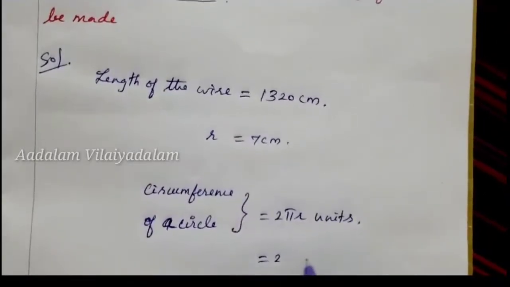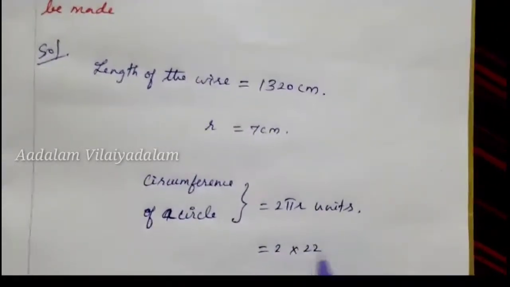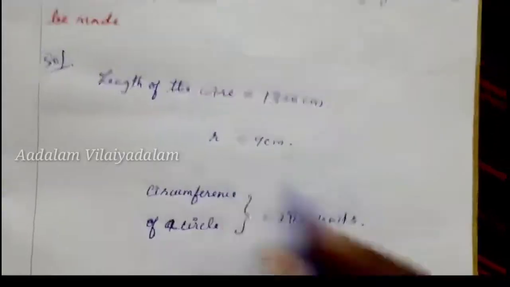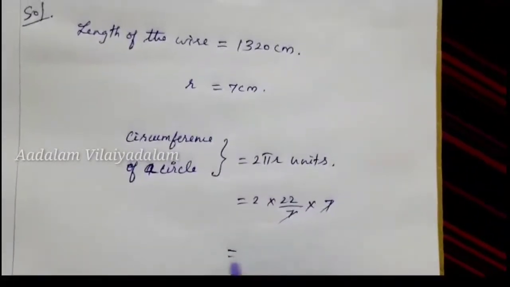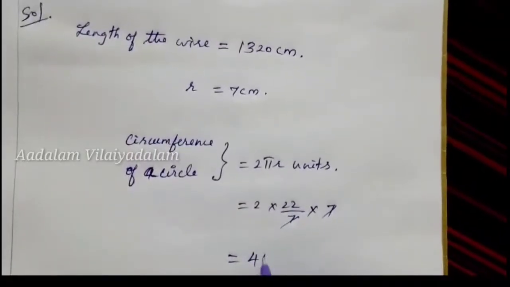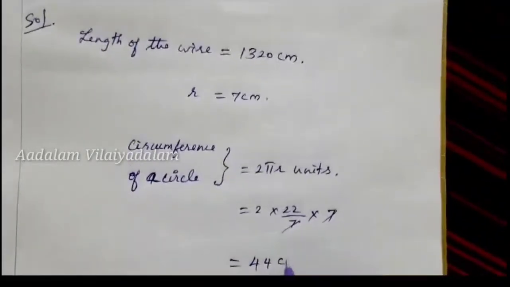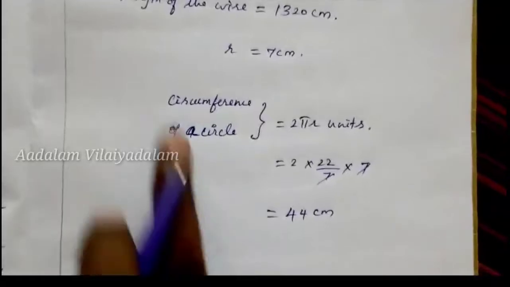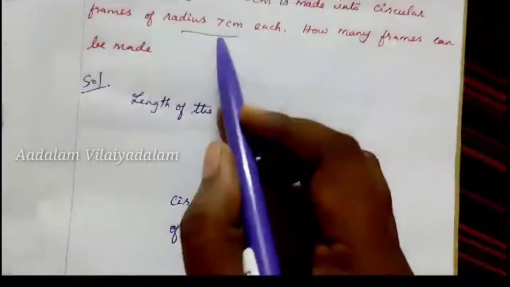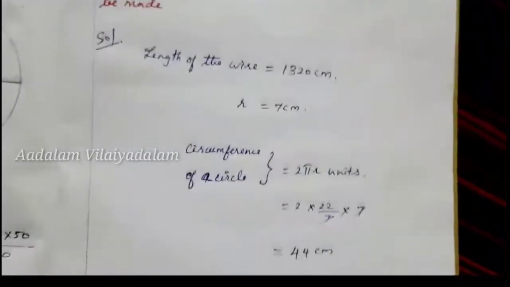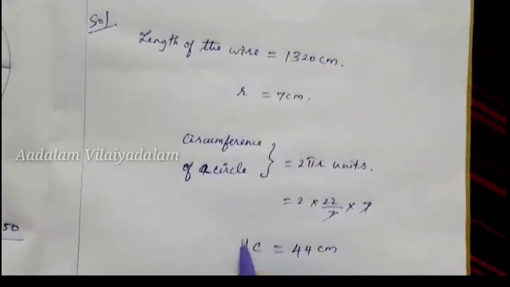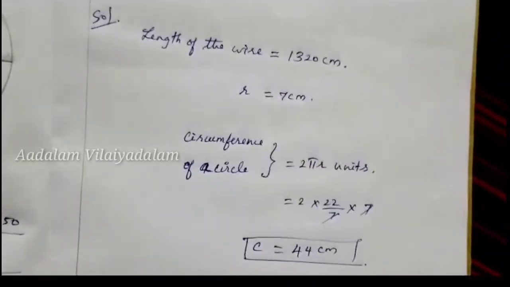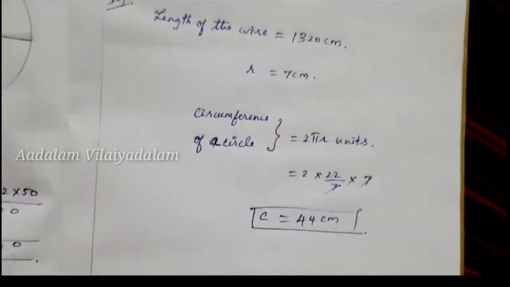That is 2 into 22 by 7 into r value, which is 7. Now 7 can be cancelled, then the remaining value is 44. The unit is centimeter. So the circumference of the circle which has a 7 centimeter radius, that is the one circle. So you could write circumference of one circle is 44 centimeter.